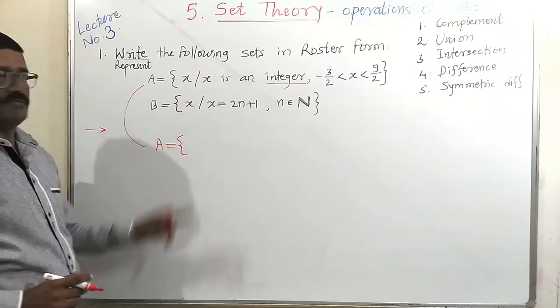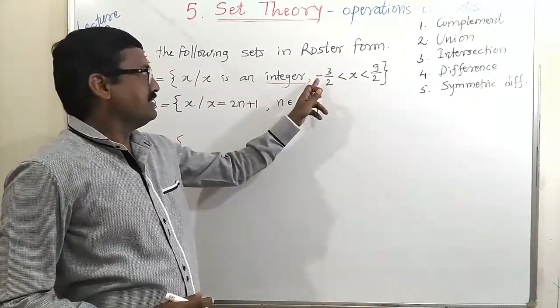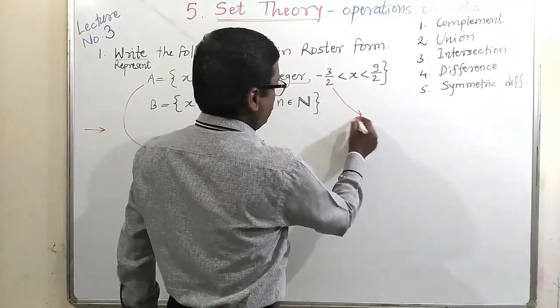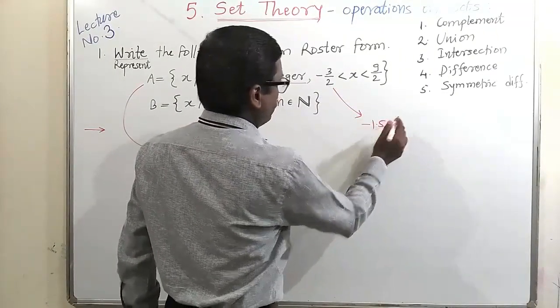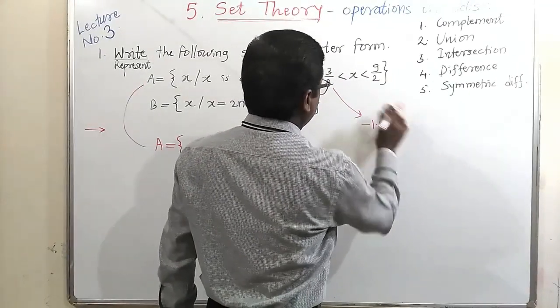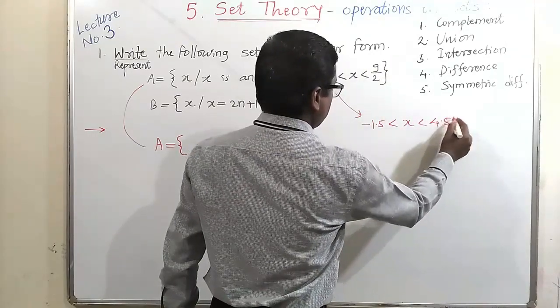You have to find the values of x, means integers between these two numbers. This is minus 3 by 2. Minus 3 by 2 is nothing but minus 1.5. Half of 3 is 1.5. And 9 by 2 means it is 4.5.